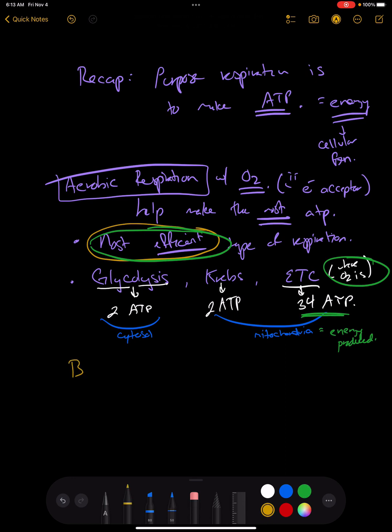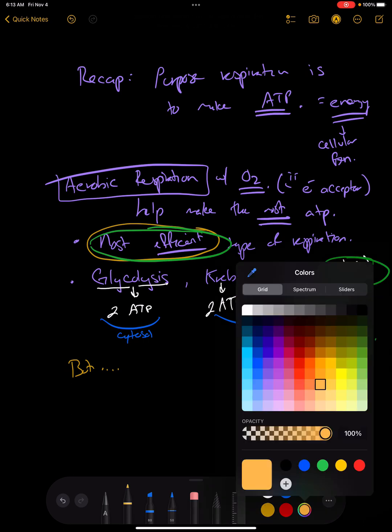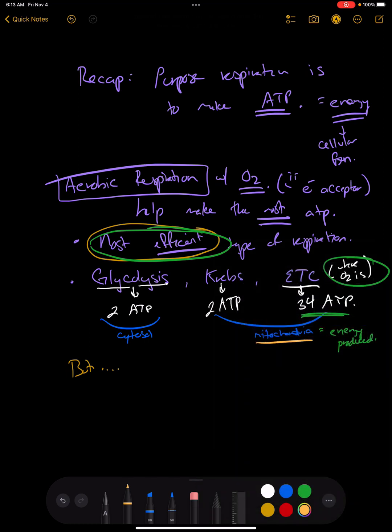But here's the deal. Remember, mitochondria is an organelle, and I find my organelles in eukaryote cells. So everything that does aerobic respiration is going to be my plants, my animals, and my fungi.